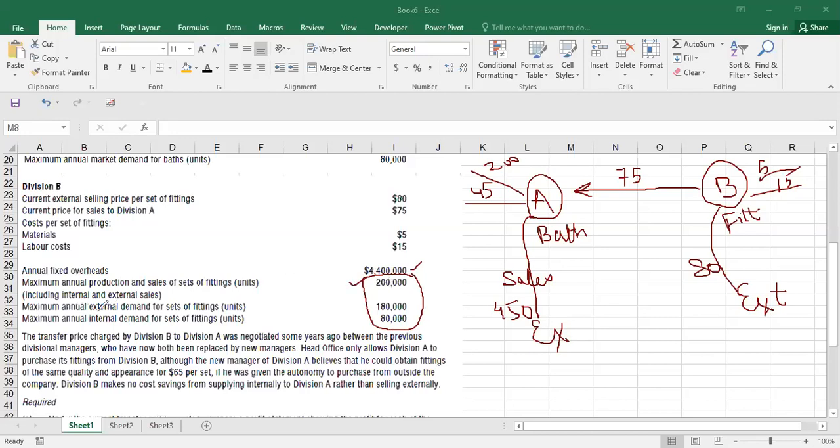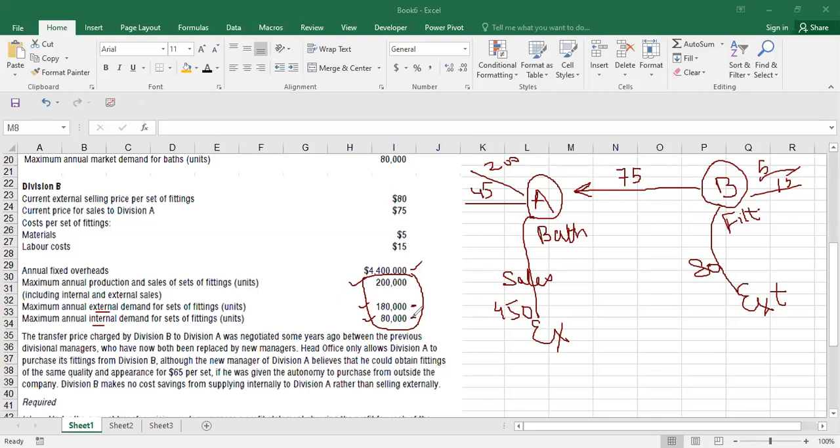Maximum annual external demand is 180,000, and maximum annual internal demand is 80,000. So their production is 200,000, but if they want to sell to both outside and inside, it is 260,000. So there must be some compromise. Either they will not sell to external parties or they will not sell to the internal parties, because they cannot supply both.